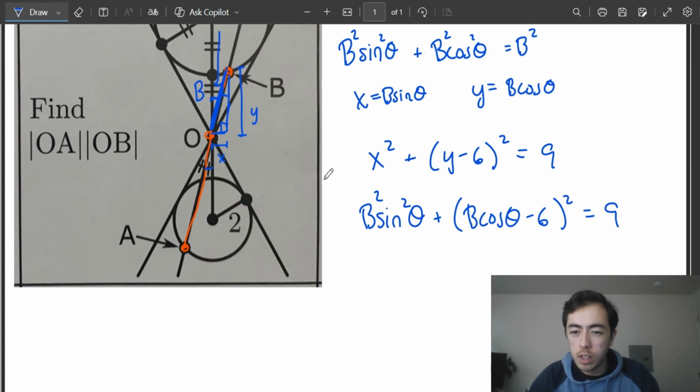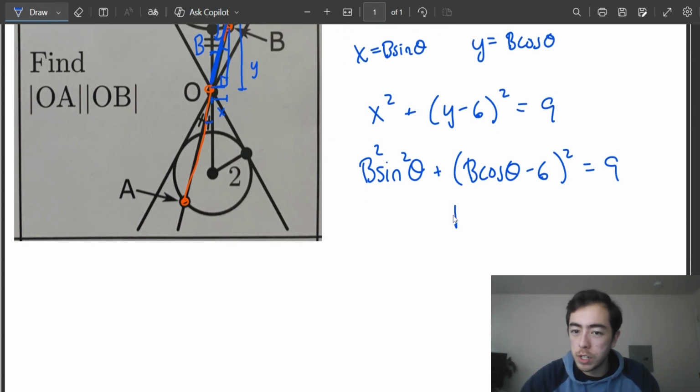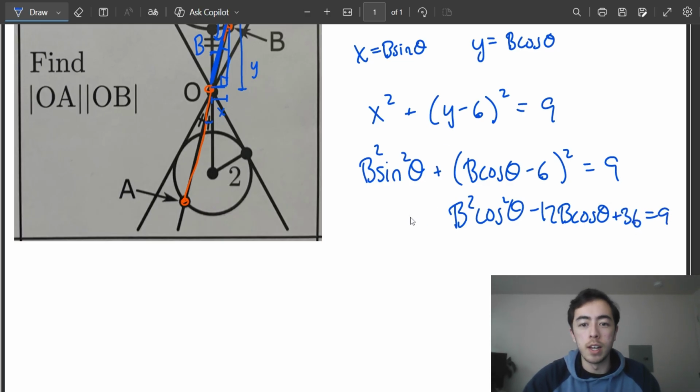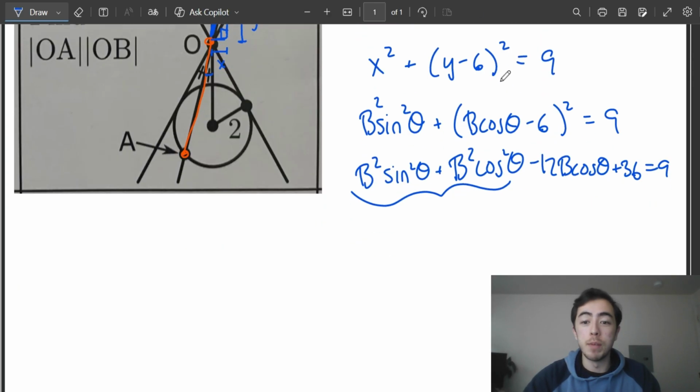So it looks like a quadratic to me. I think I should expand out my binomial here. We're going to get minus 12b cosine theta plus 36, still all equal to 9. And we still have this b squared sine squared theta at the start. I'm going to use that Pythagorean identity I mentioned earlier and just call this b squared.